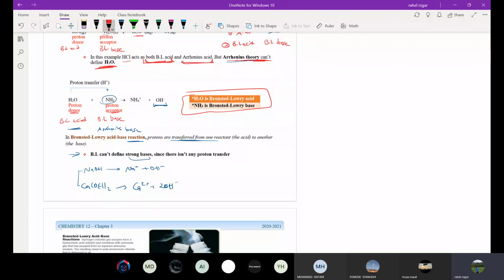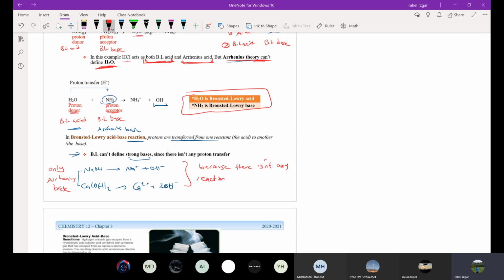NaOH, because it is only an Arrhenius base. Why? Because there isn't any reaction. In Bronsted Lowry there is a reaction between the acid and the base, there's a transfer of proton.